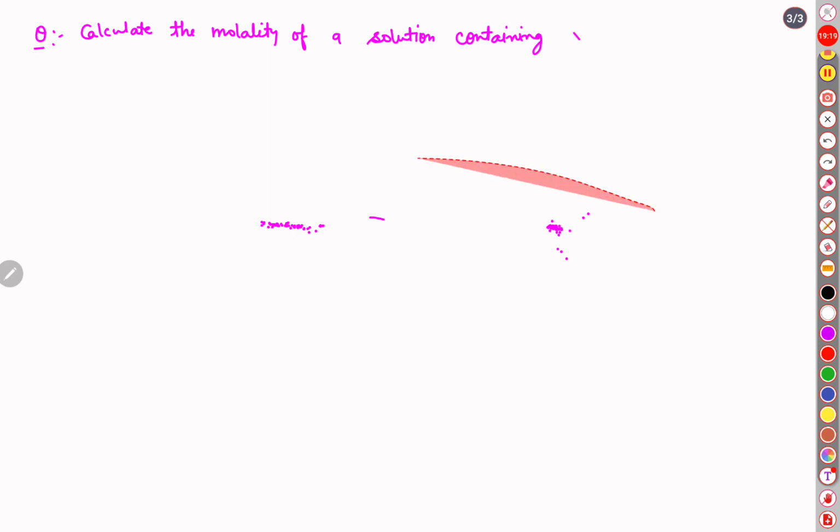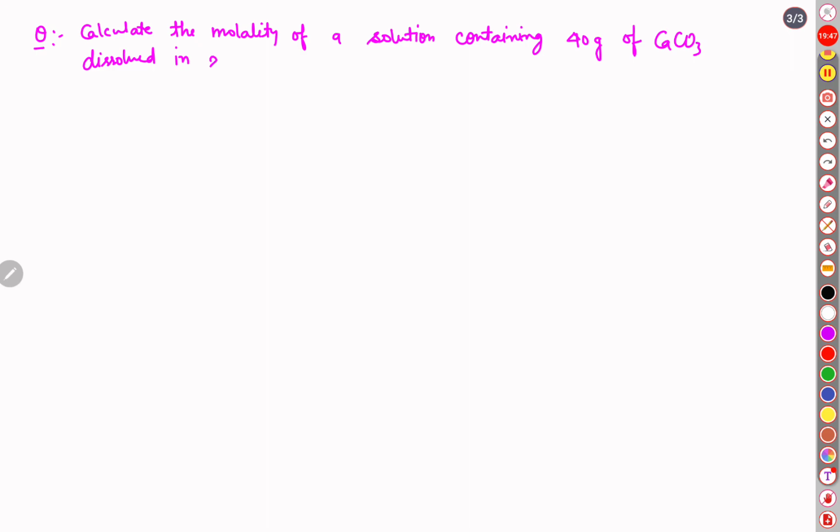40 gram of CaCO3, calcium carbonate, dissolved in 250 ml of solution.